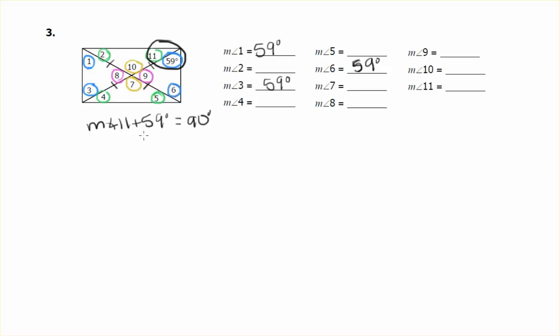If I subtract 59 degrees from 90, I get my measurement of angle 11, which ends up equaling 31 degrees. So all of my other green angles would also be 31 degrees. So 2 would be 31, 4 would be 31, 5, and then of course we said 11.